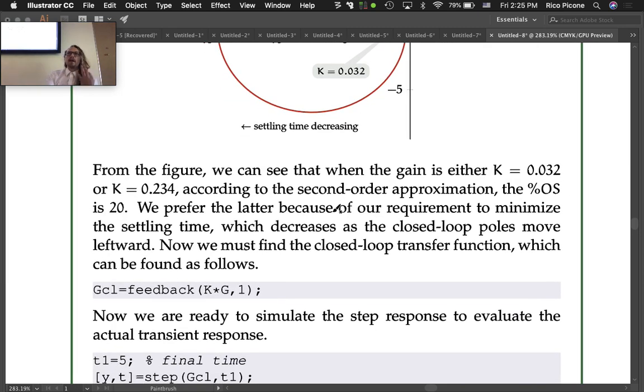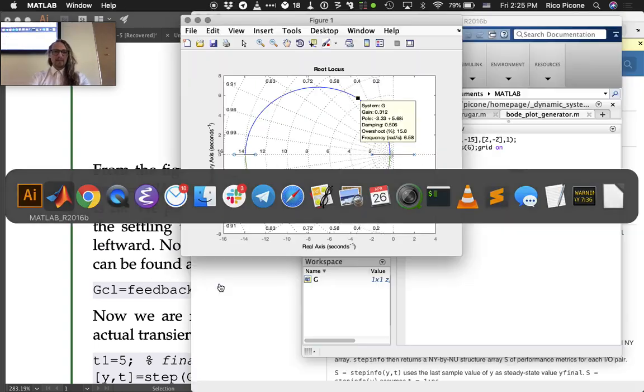And then our step 3 in our design procedure is to test it out, see how it works for a step response. Find the closed loop transfer function and do the simulation. Well, you can find the closed loop transfer function and build it manually in MATLAB, which is totally fine. But MATLAB has this nice command called feedback.